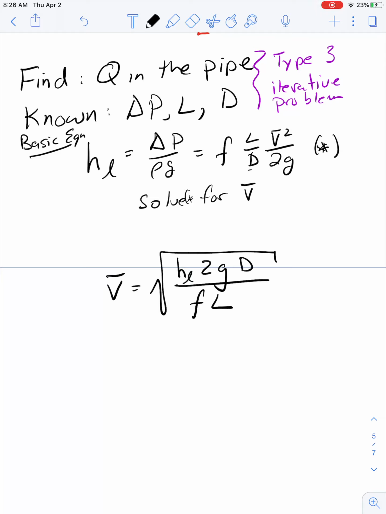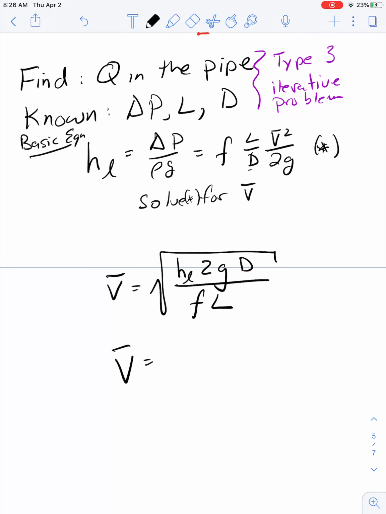We solve star for v bar. Now that we know what that v bar is, we'll use this equation to determine our velocities and ultimately our flow rate.